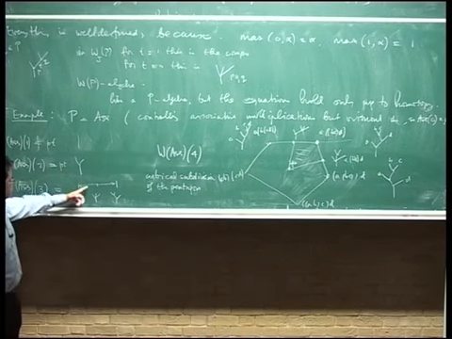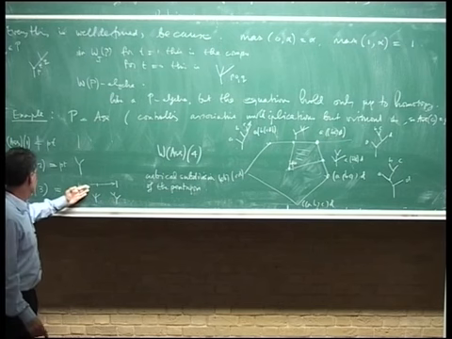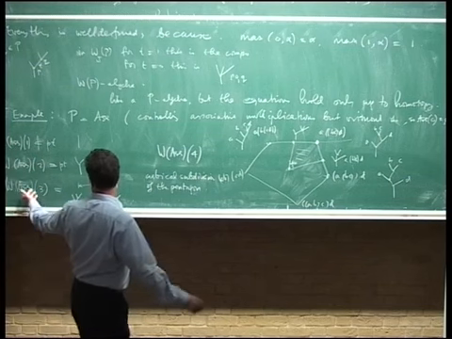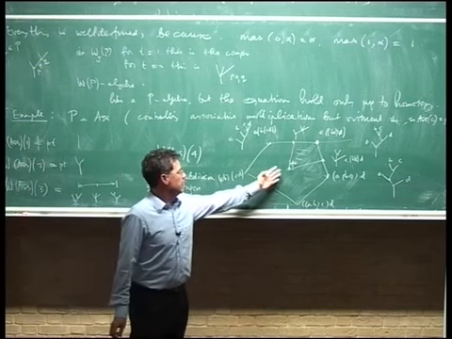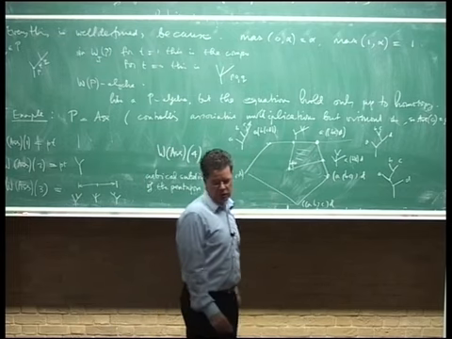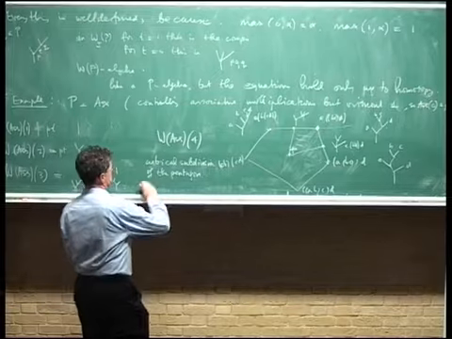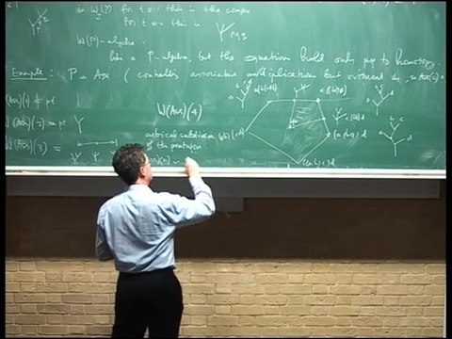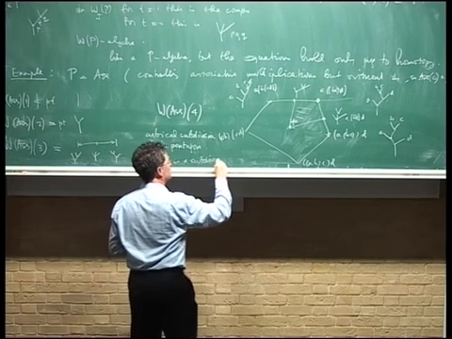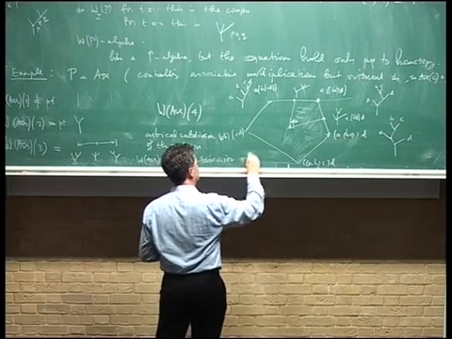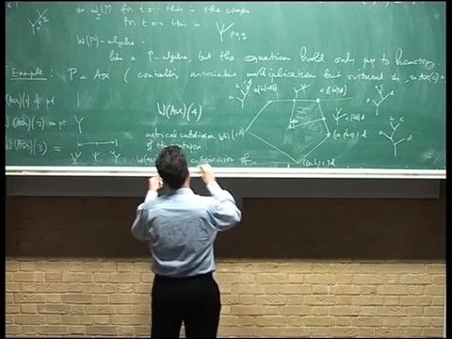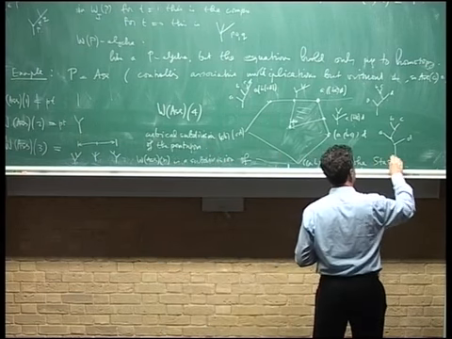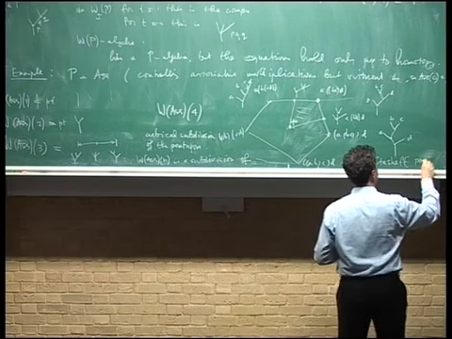So this is a subdivision of the Stasheff polytope K3 or K2, depending on how you count. This is the subdivision of the next Stasheff polytope, and so on. And it continues this way. So W S of n is a subdivision of the Stasheff polytope.